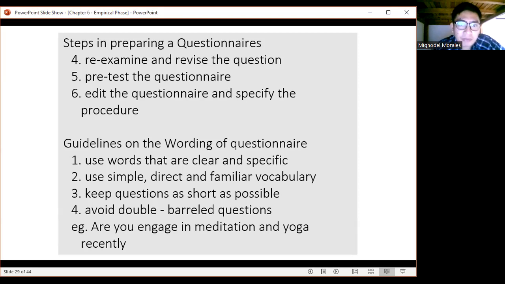Keep questions as short as possible. Avoid double-barreled questions. For example, "Are you engaged in meditation and yoga?" It must be specific: "Are you engaged in meditation?" "Are you engaged in yoga?"